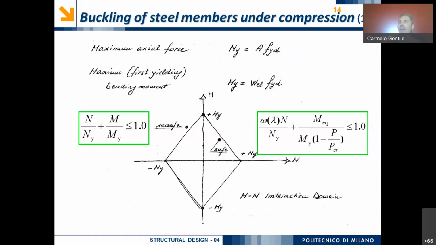Otherwise, we can define the equivalent value of the bending moment as a value for which the diagram of the bending moment along the beam or along the column has the same area as the actual diagram of the bending moment.